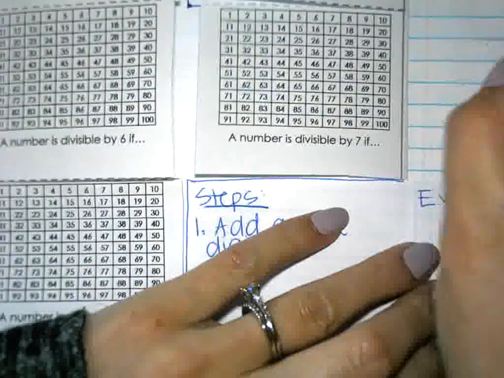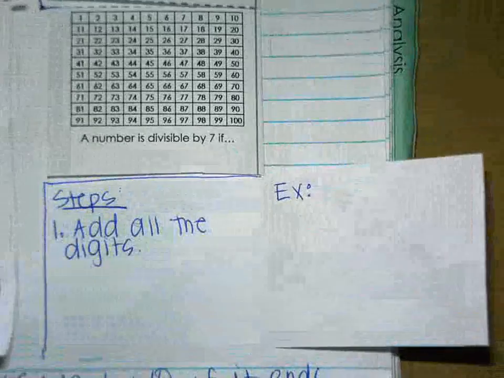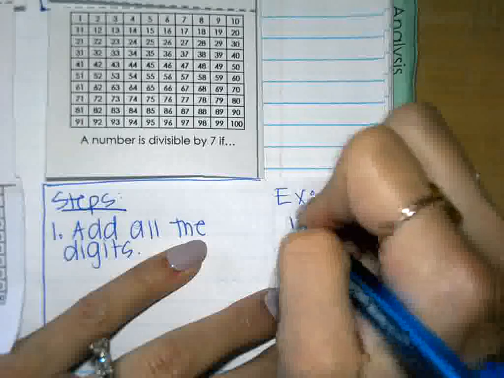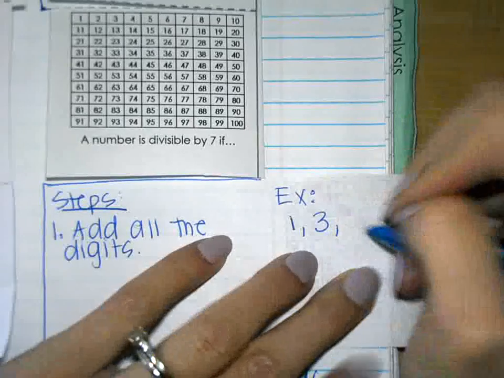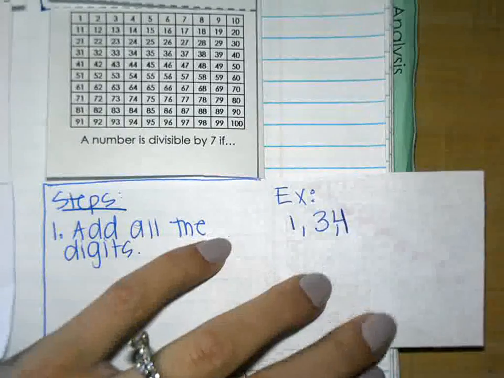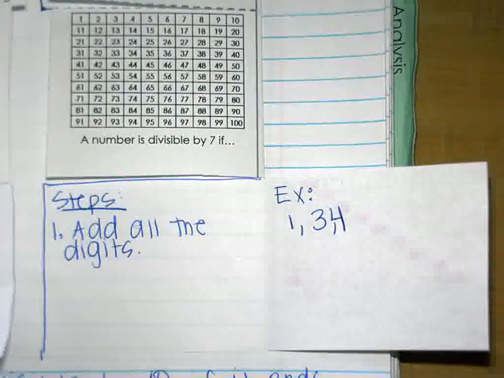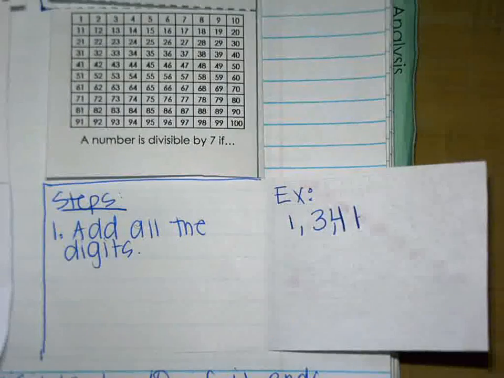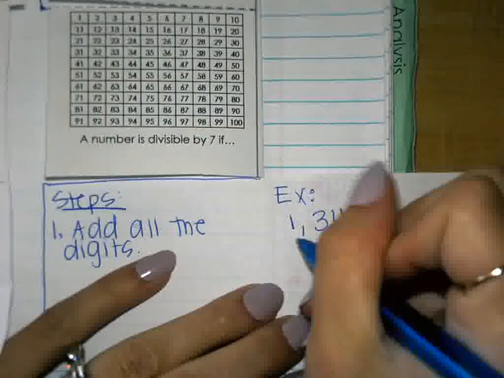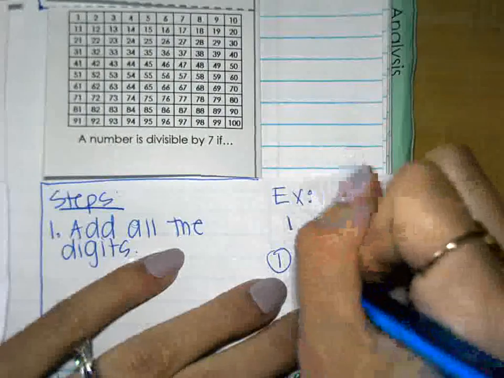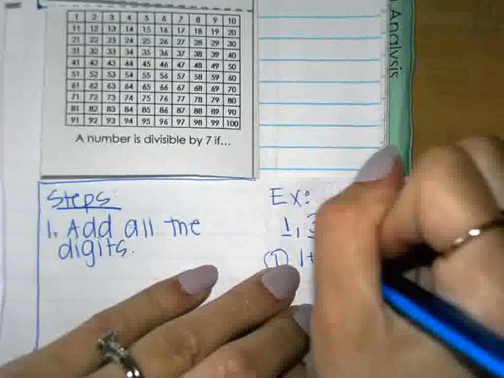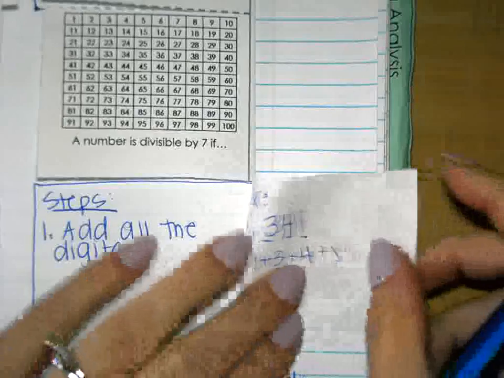So if I gave you the example $1,341, I want to know, is this number divisible by 9? So step 1, I need to do 1 plus 3 plus 4 plus 1. I need to add all these digits together.